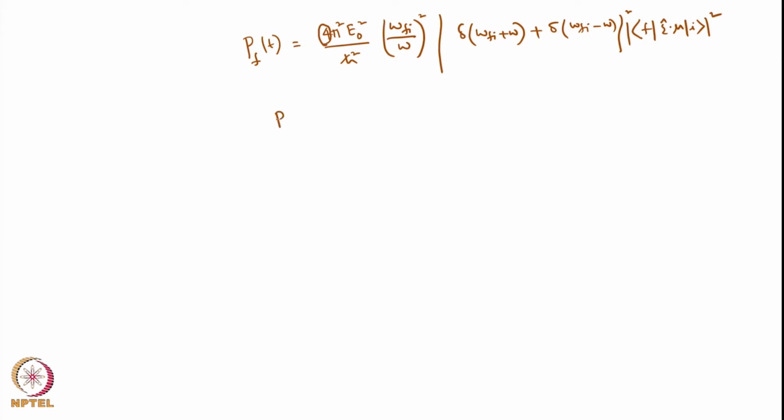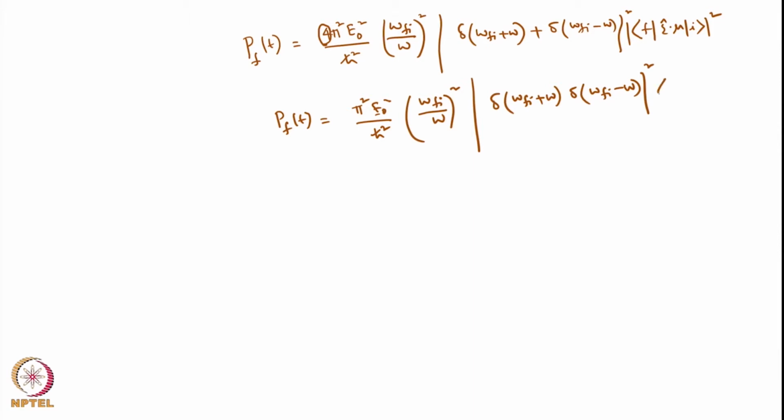So P of t is just given by pi square E naught square by h bar square into omega Fi by omega square, delta omega Fi plus omega, delta omega Fi minus omega, square, modulus of epsilon dot mu I whole square.